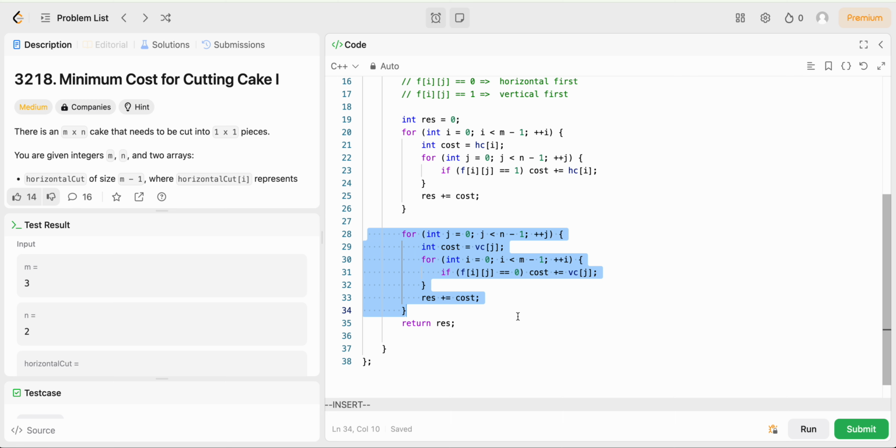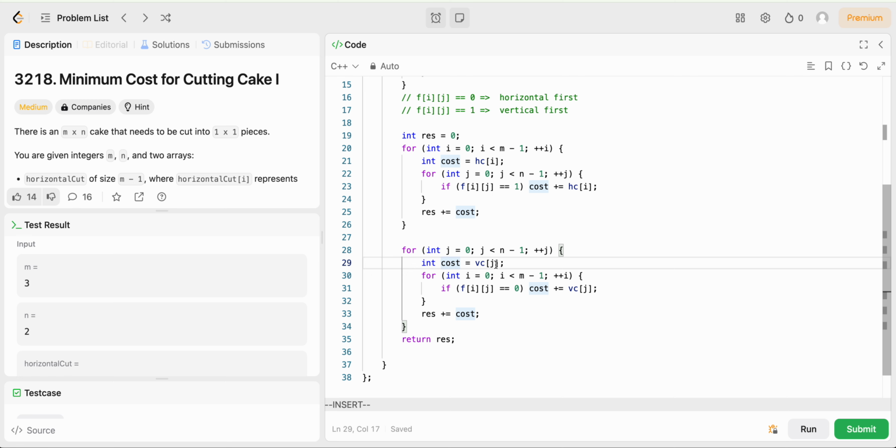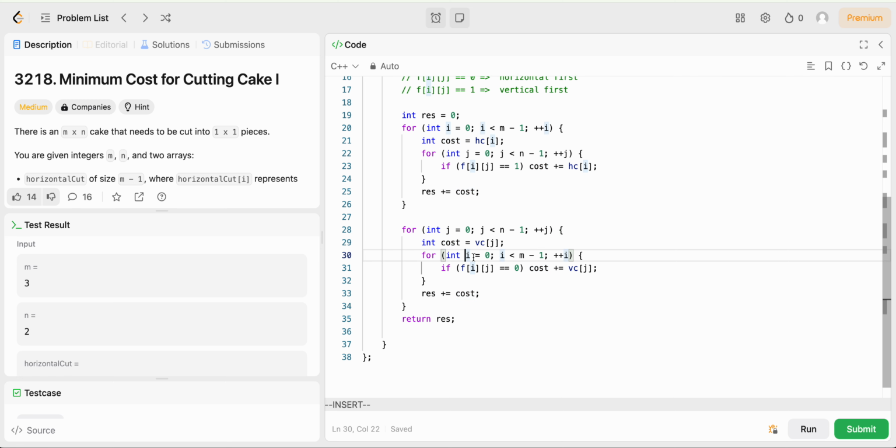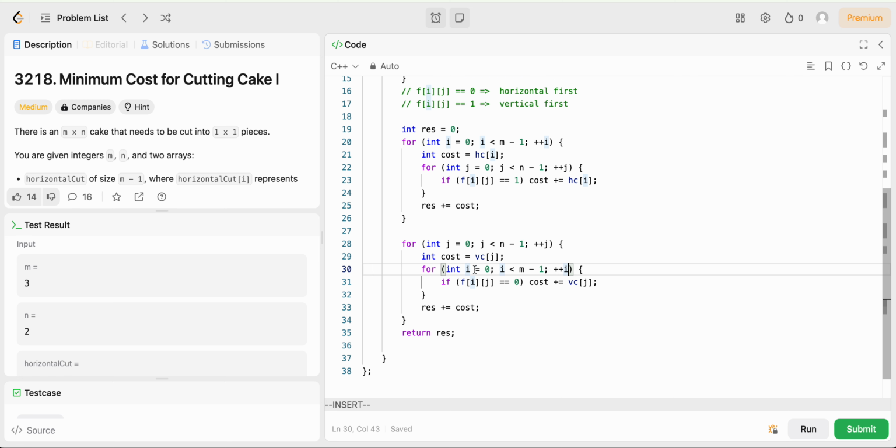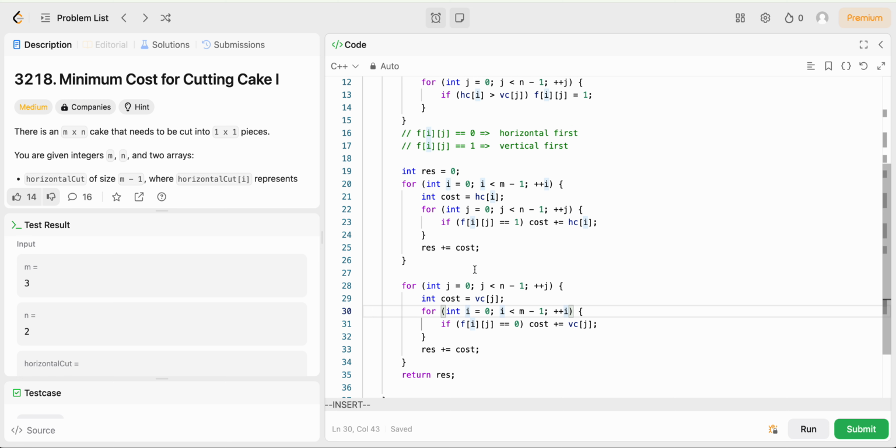Then this part is all the vertical lines, right? So it's for j from 0 to n minus 1, plus plus j. Then cost is the vertical cost at position j. And for I from 0 all the way until m minus 1, plus plus I, then if Fij is 0, it means we'll do the horizontal first.